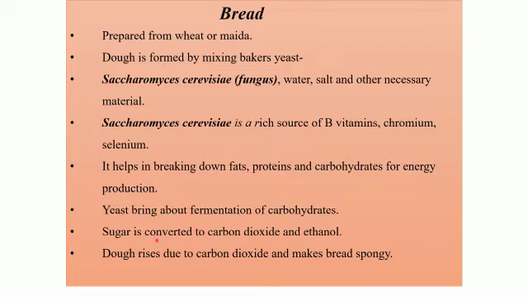Sugar is converted into carbon dioxide and ethanol. Dough rises due to carbon dioxide and makes the bread spongy. So we know that all bakery products, be it bread or buns or cakes, are very fluffy and spongy, and that is because of the carbon dioxide gas that is given out when the carbohydrates or sugar in it are broken down to give carbon dioxide and ethanol.